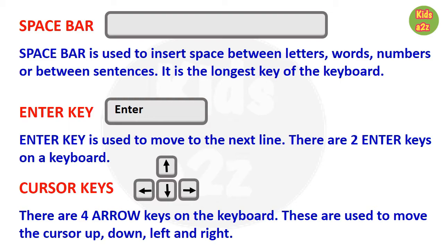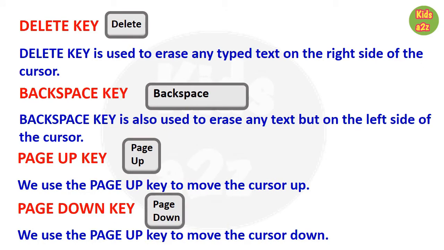Next is cursor keys. There are 4 arrow keys on the keyboard. These are used to move the cursor up, down, left and right. These are known as cursor keys or arrow keys. Delete key. Delete key is used to erase any typed text on the right side of the cursor.